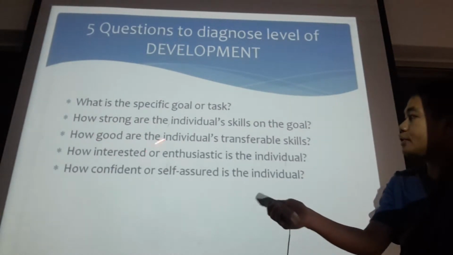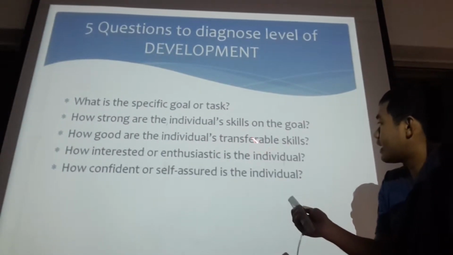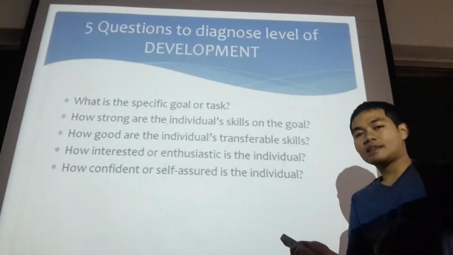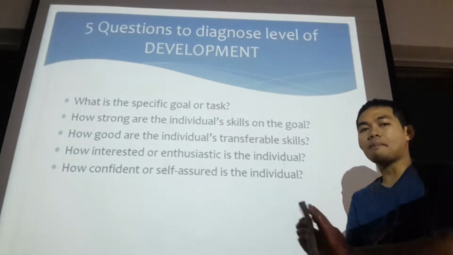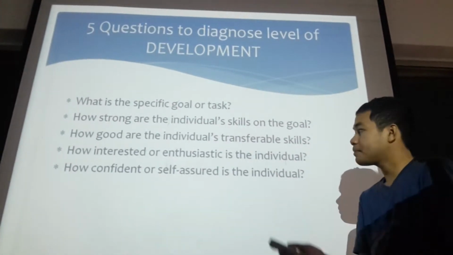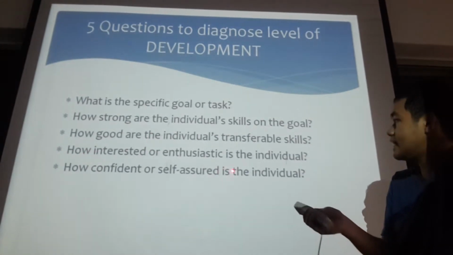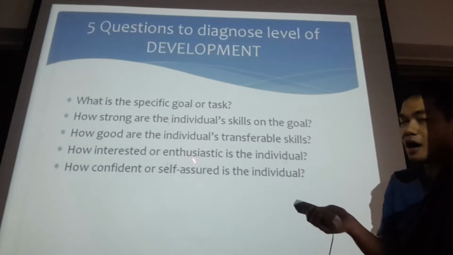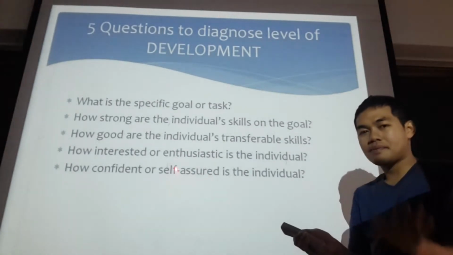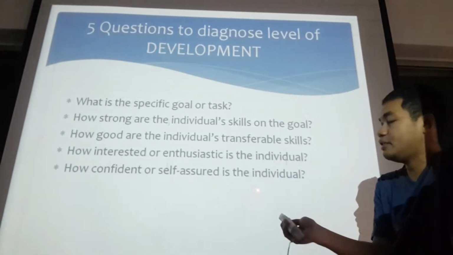The third one is how good are the individual's transferable skills. Transferable skill means how can they spread the information, how can they take your information and make it wider, spread it to other people. And the fourth question is how interested or enthusiastic is the individual. How good they are, how curious they are about the organization. And the last question is how confident or self-assured is the individual.